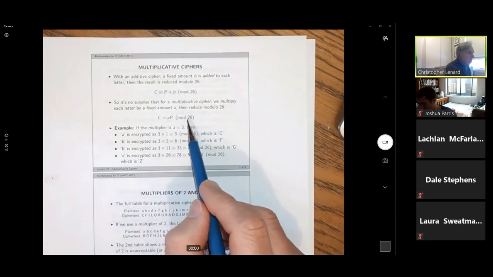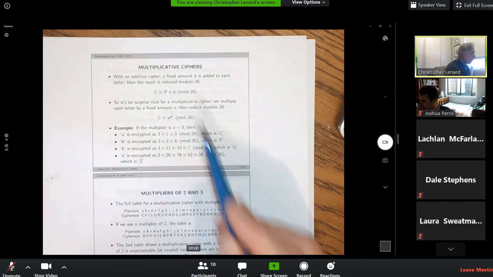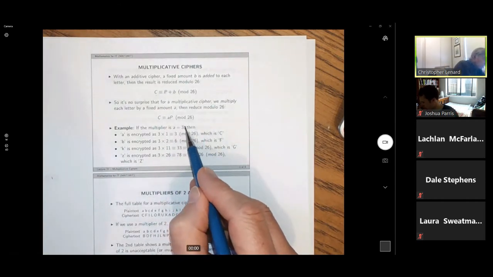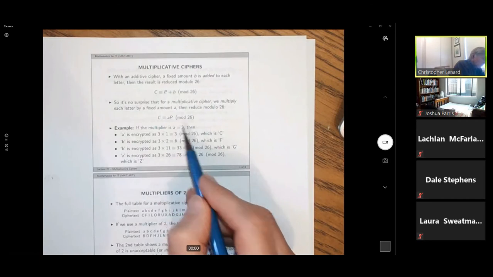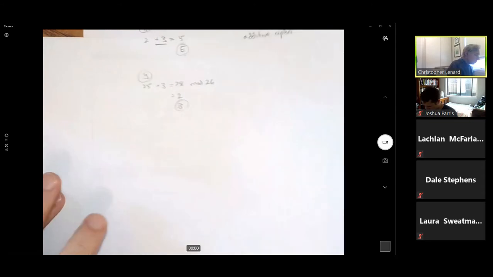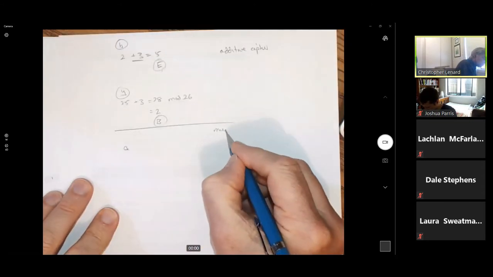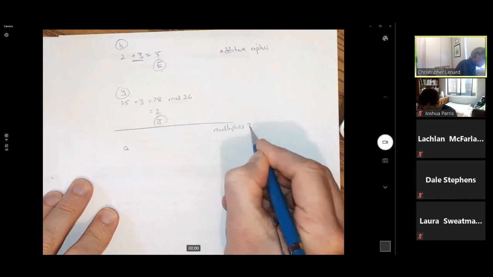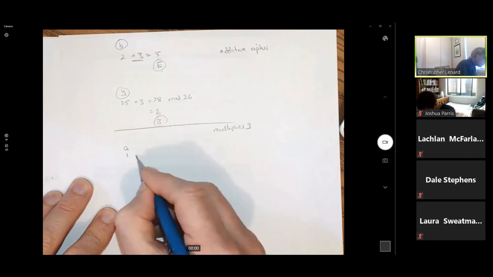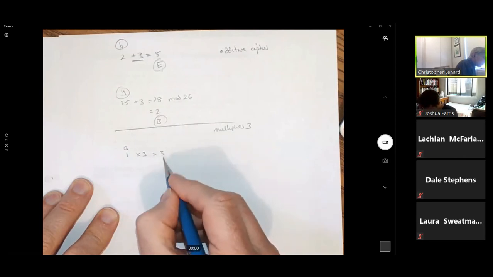We do the same thing with multiplication. So instead of adding a fixed amount, we can multiply by a fixed amount. So if we do a multiplier of 3, A is 1, times 3 is 3, and what's the third letter of the alphabet?